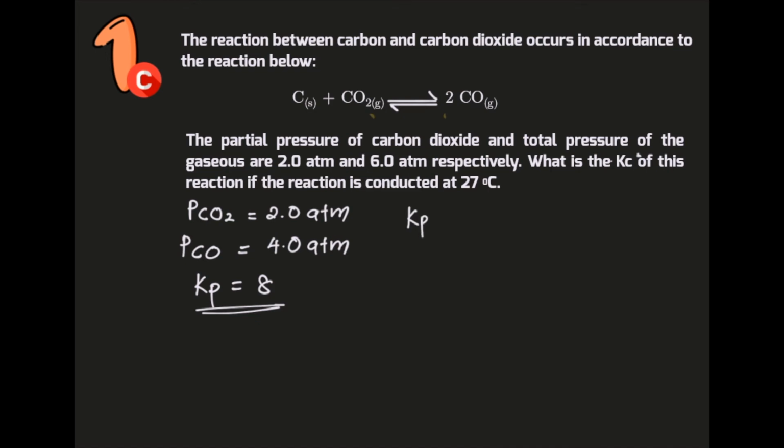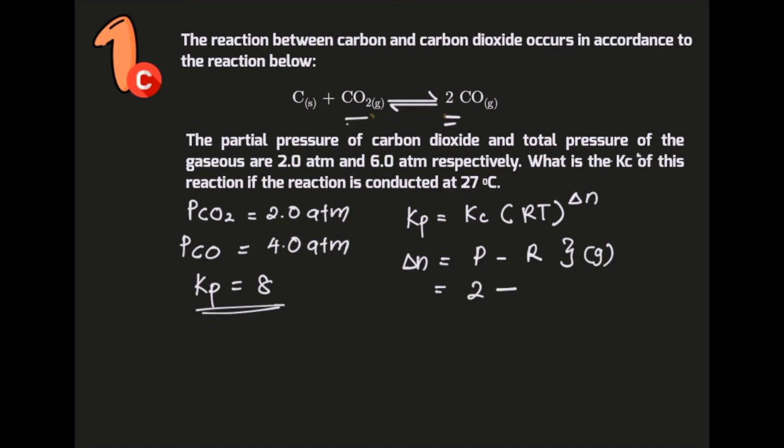So Kp is equivalent to Kc (RT) to the power of delta n. So now we are going to calculate delta n. Delta n is whatever in the product minus whatever in the reactant, provided that these things are in gaseous form. So in the product, you only have 2 carbon monoxide, minus in the reactant we only have 1. So 2 minus 1 is equivalent to 1.